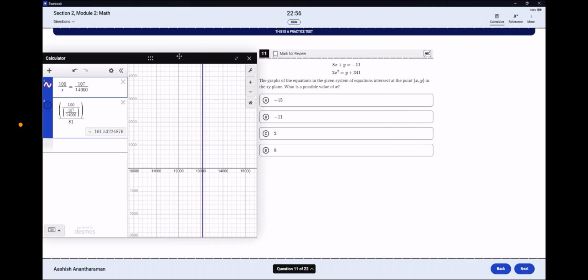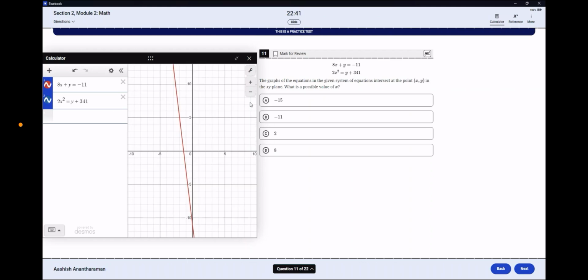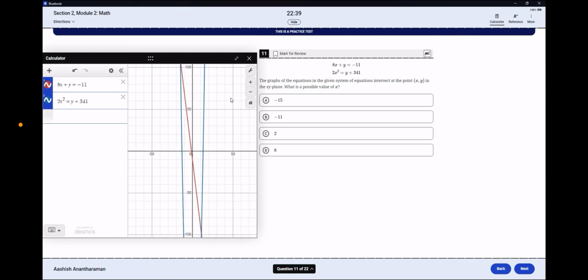So we already see two equations. So I'm just going to plug it into Desmos before even reading the question because that makes it a lot easier. Okay. And so we have these two equations. What is a possible value of x?